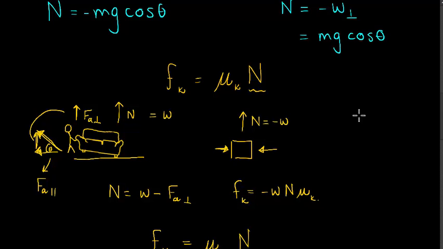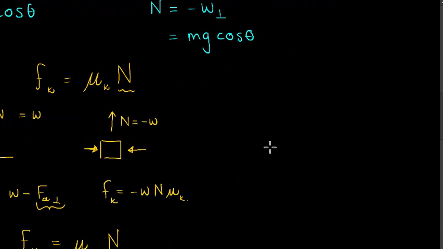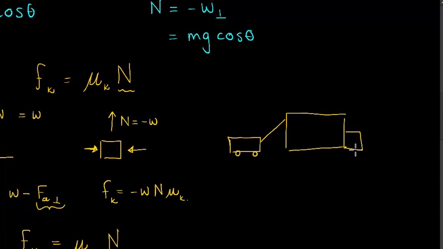Now I first need to subtract from the weight the perpendicular component of the applied force. For example, I've seen a question where we had a trailer being pulled by a truck at an angle, and the question was, what was the frictional force experienced by the truck?